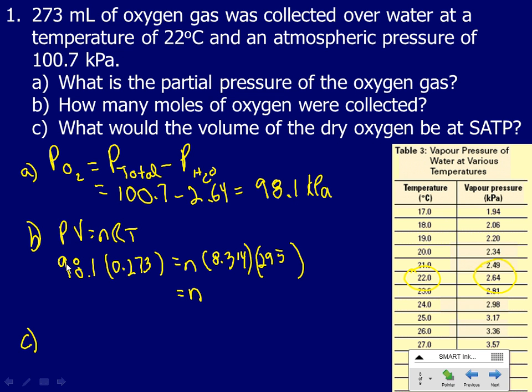It's 98.1 times 0.273, and then anything else that's on this side is going to get divided off. Divided by 8.314, divided by 295. Again, if that's a multiple choice question and I don't need to see the steps, you write that out. You don't have to rewrite. Just figure out how to manipulate your calculator quickly to get that answer.